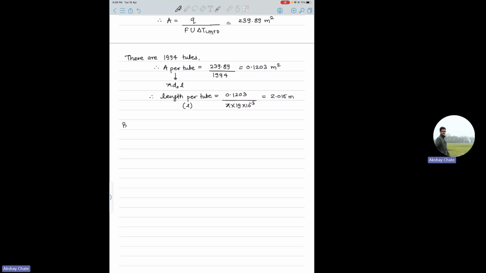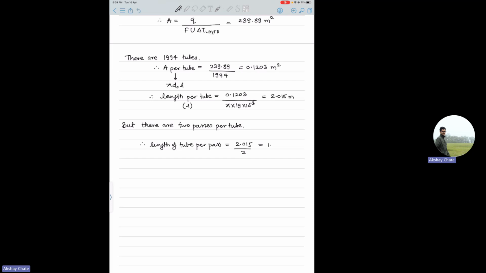But there are 2 passes per tube. So therefore, the length of tube per pass is nothing but 2.015 divided by 2.